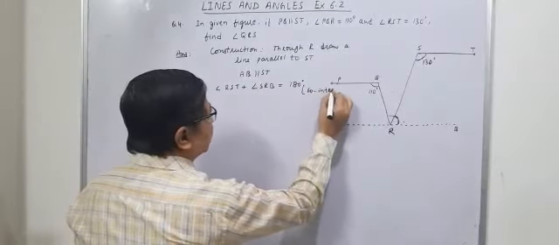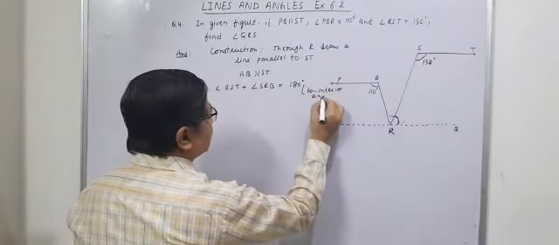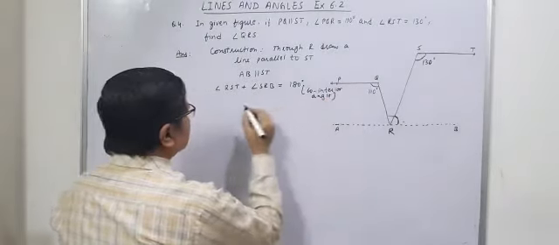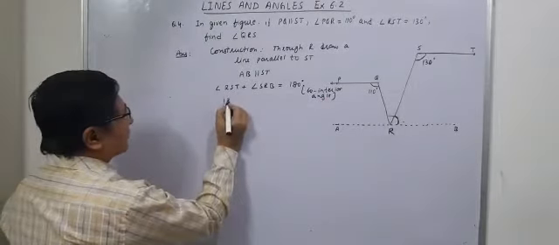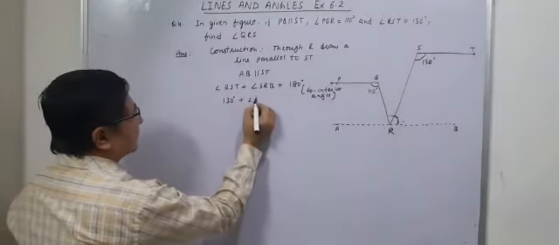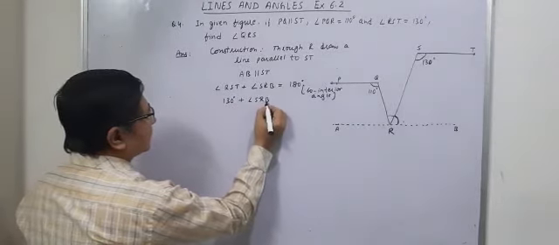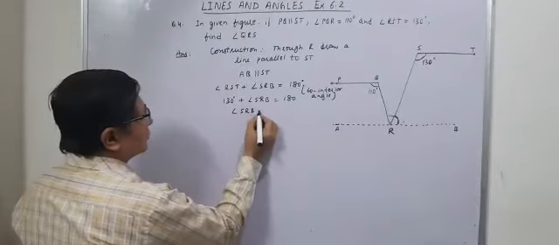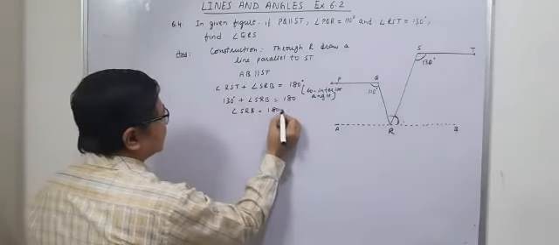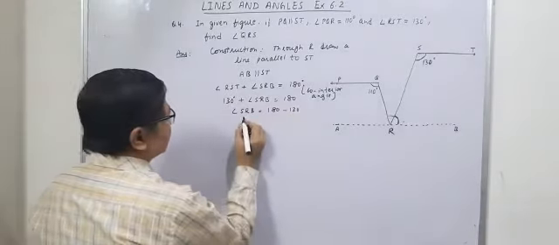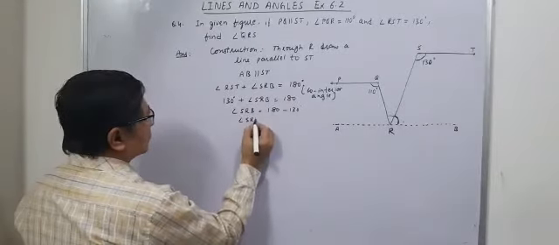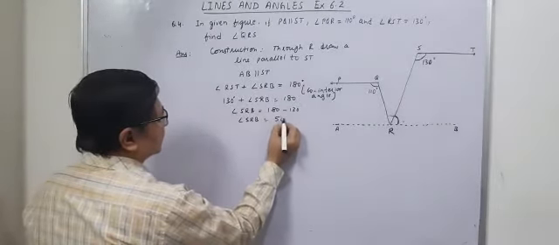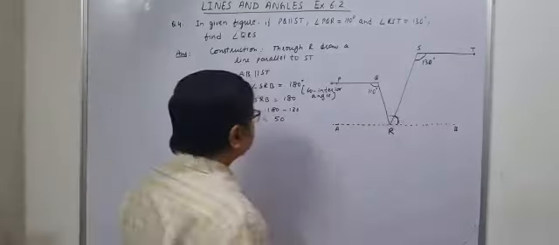The sum of co-interior angles is 180 degrees. RST is given in the question as 130 degrees, plus angle SRB is equal to 180. So angle SRB will be equal to 180 minus 130, and that is equal to 50 degrees. So this angle comes to be 50 degrees.